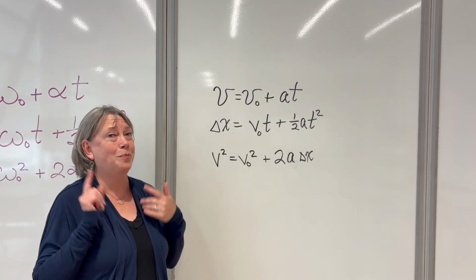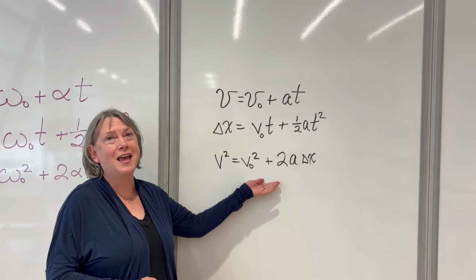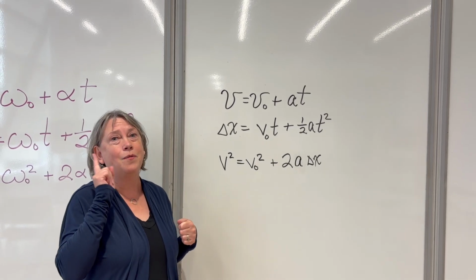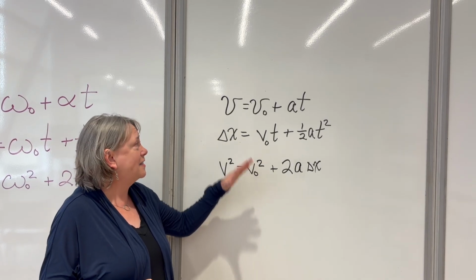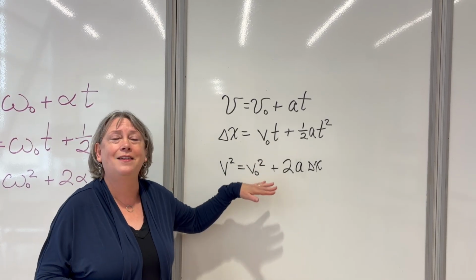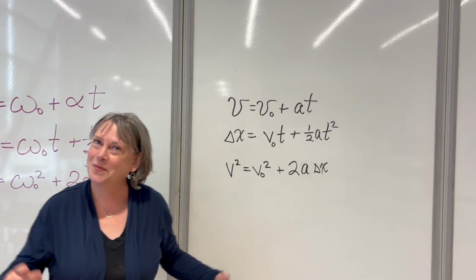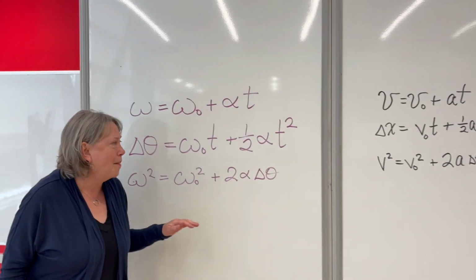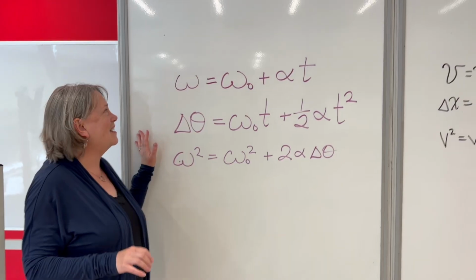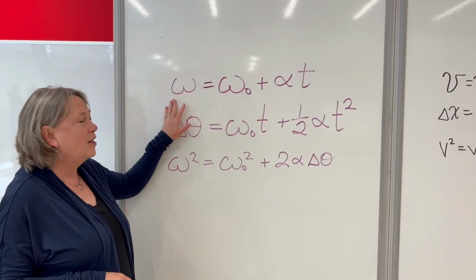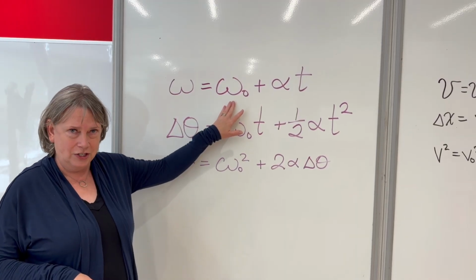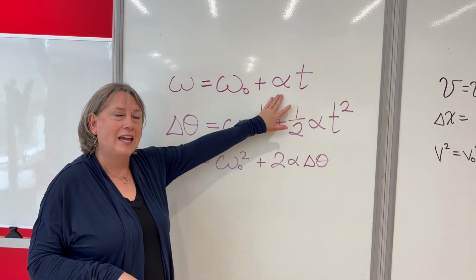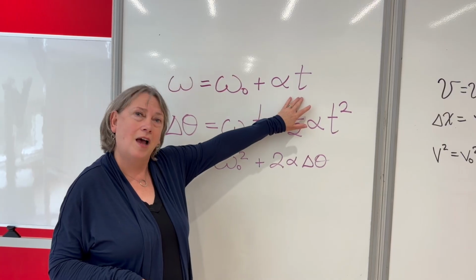You have mastered problems with the linear kinematic equations in 1D and 2D. Recall when we did 2D, we had a set of these for X and a set of these for Y. These problems are actually a bit easier because we're only going to have one set. So this is the angular speed equals the initial angular speed plus the angular acceleration times time.